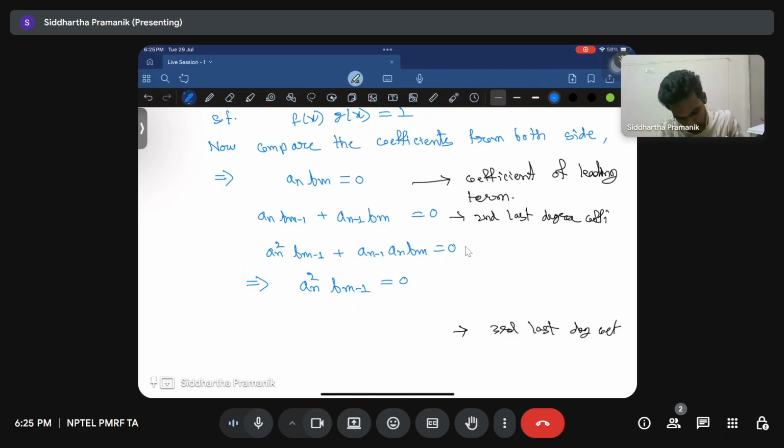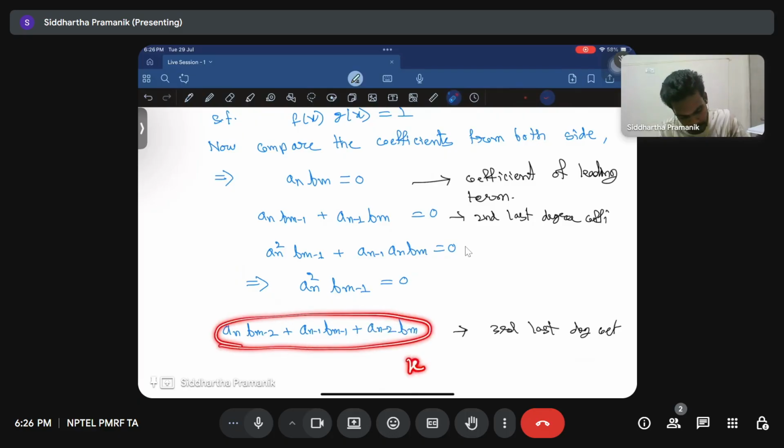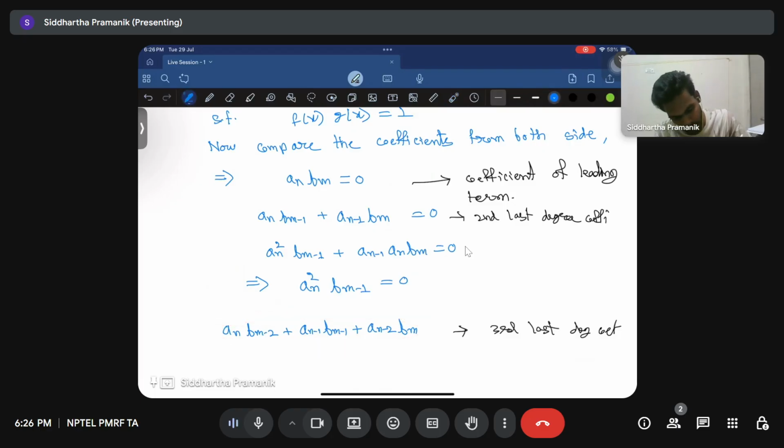Now what about the third last degree coefficient? How does it look? an bm minus 2 plus an minus 1 bm minus 1 plus an minus 2 bm. This is the coefficient of the term x power n plus m minus 2. So this is also 0, right?